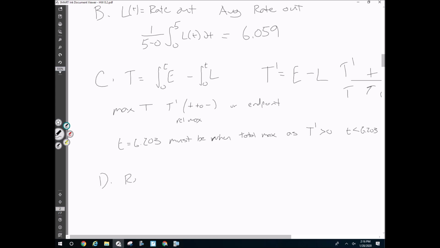So is the rate of change increasing or decreasing? Well, how do you tell if something's increasing or decreasing? You look at the derivative. It is asking you, is its derivative positive or negative?